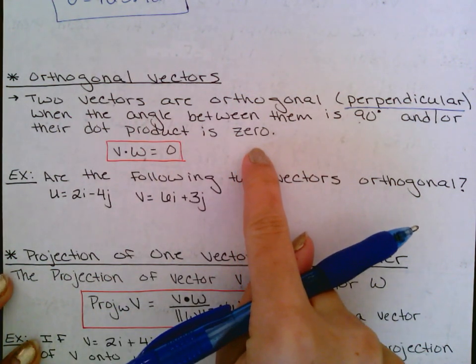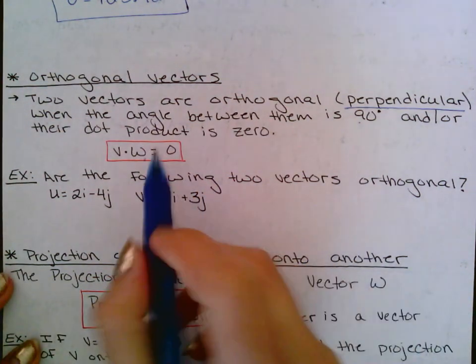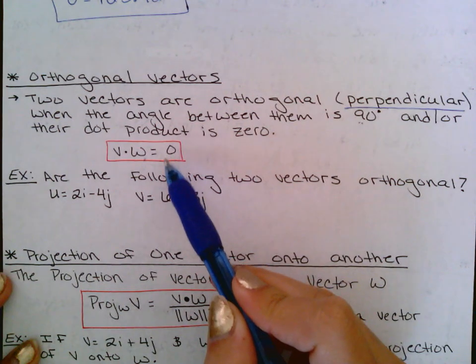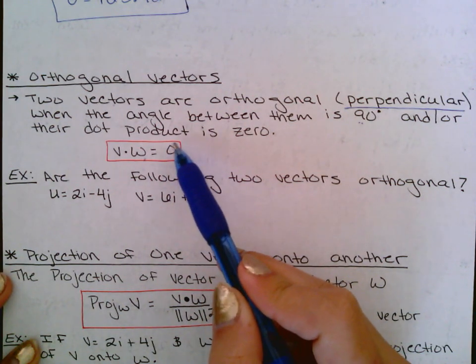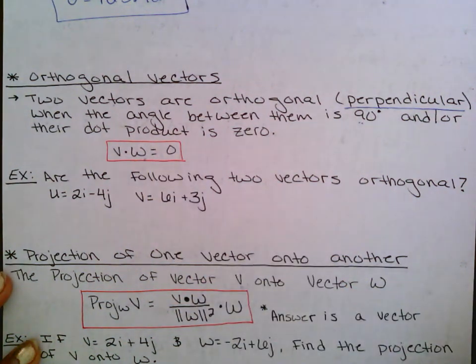Okay? So this is pretty simple. It just says, are the following two vectors orthogonal? Well, you could either do the whole process to check if the angle between the two vectors are 90 degrees, or you can take the shortcut. As long as the numerator is 0 of that formula that we just did, meaning the dot product, then you're good.